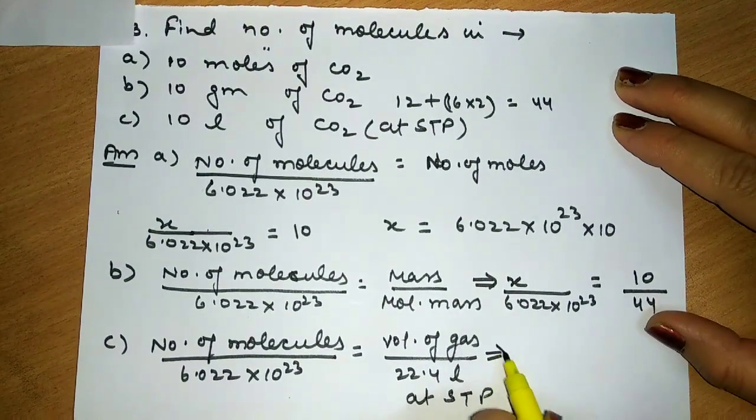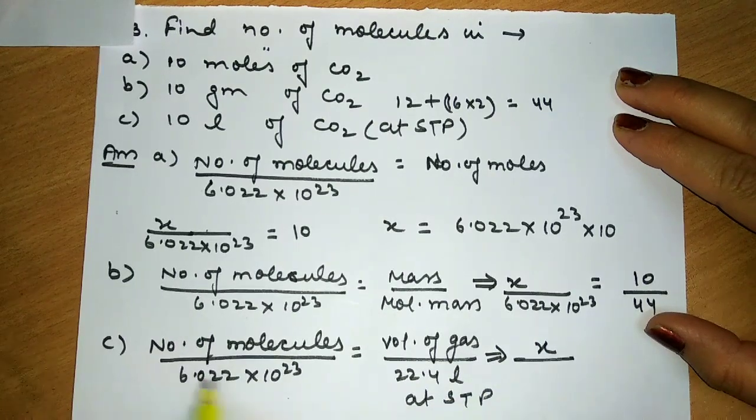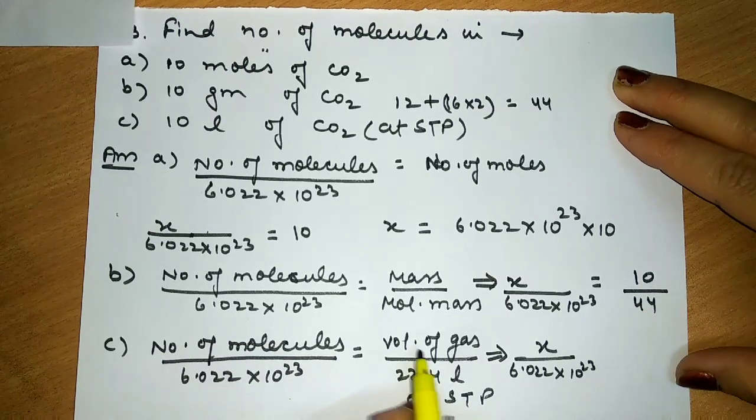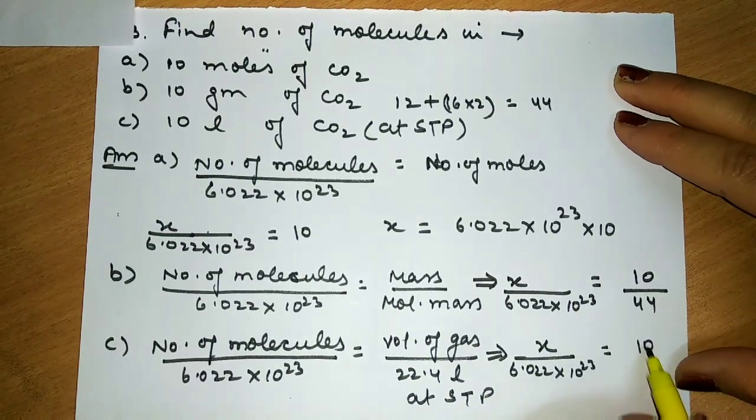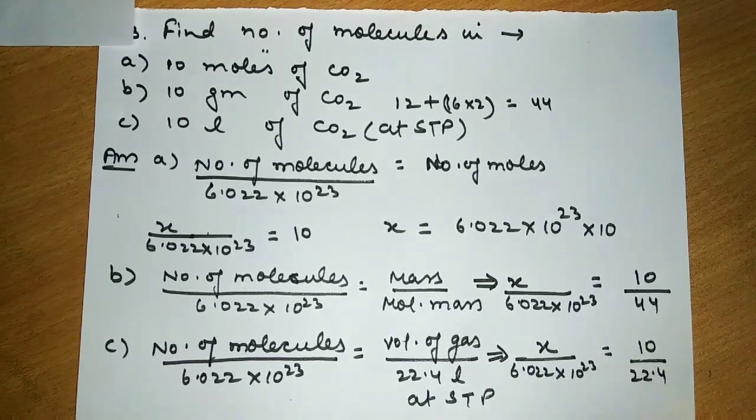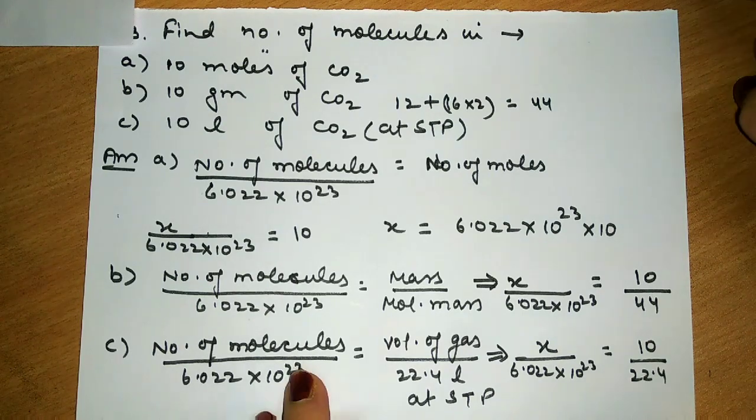So I'll take number of molecules as x, and volume in the question is 10, divided by 22.4. You can solve for x. So this is how we can calculate the number of molecules from any type of question, whatever has been given.